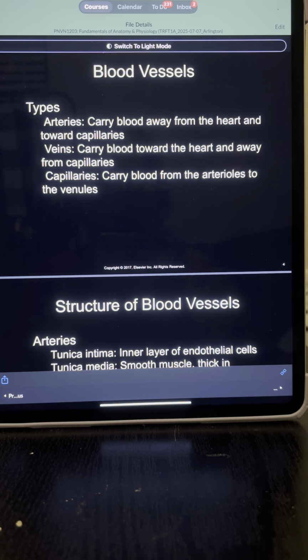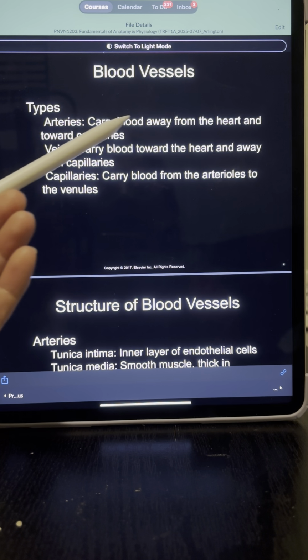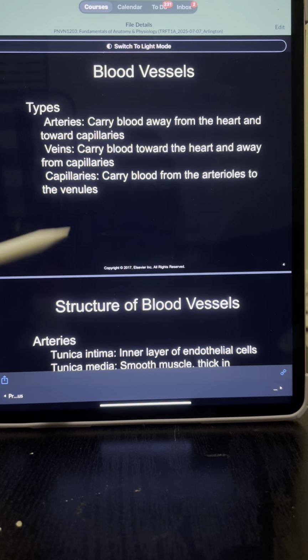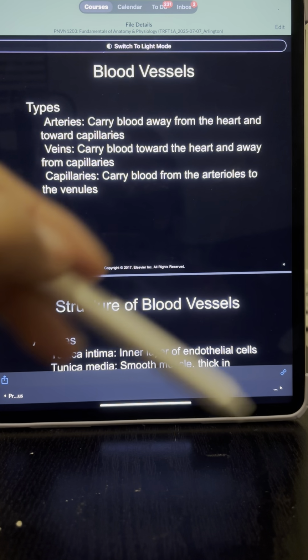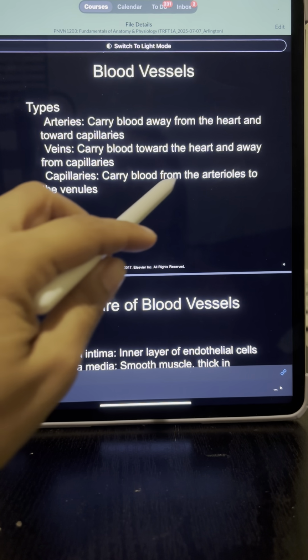So I don't want y'all to get confused that arteries are always red, always carrying oxygenated blood, and veins are always carrying deoxygenated. That's not the case, because we got the exception in the lungs and the heart. But arteries carry blood away from the heart to the capillaries, and veins carry blood to the heart away from the capillaries. So again, it's a closed system. Your capillaries carry blood from the arterioles to the venules, which we'll get to.